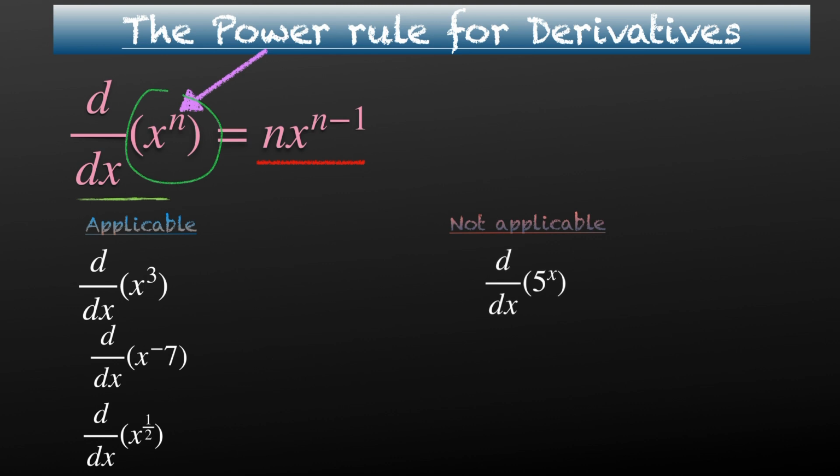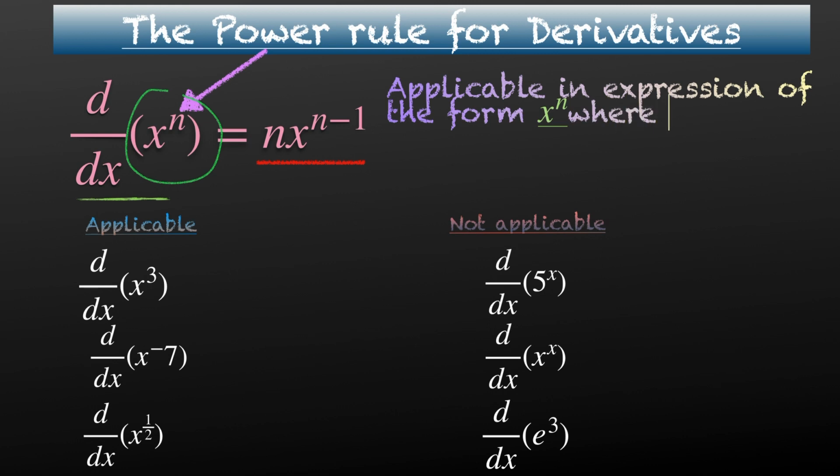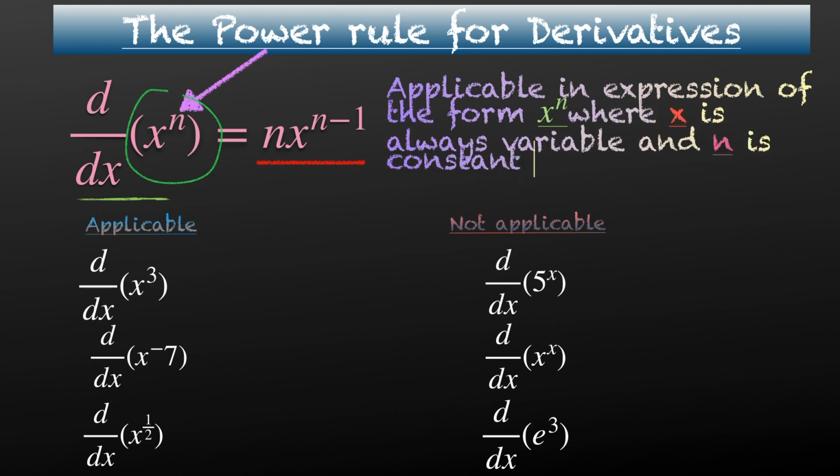It is not applicable when we have variable to variable like x^x, and it is also not applicable on e raised to power 3. It is not applicable to a number because e here is a number, a mathematical constant, and its value is 2.71. So make sure you always apply the power rule when you are taking the derivative of a variable to some number.